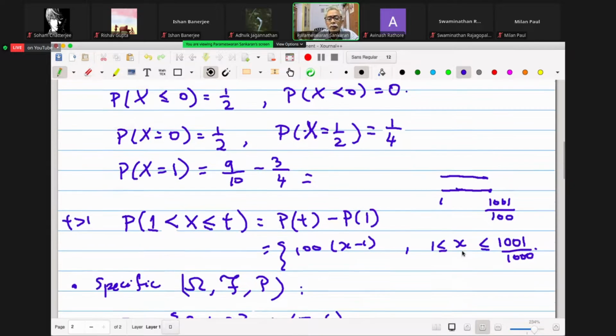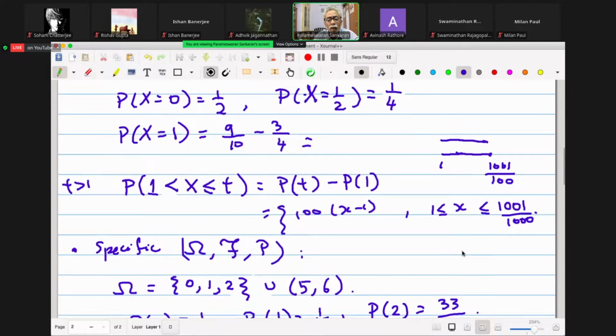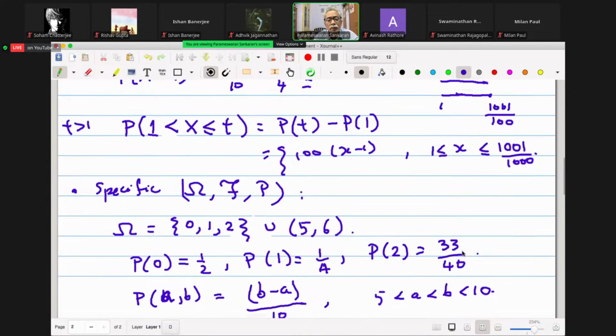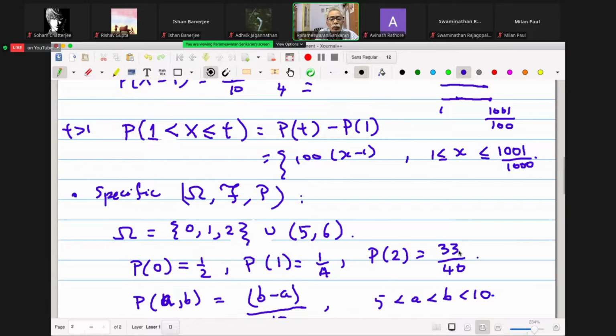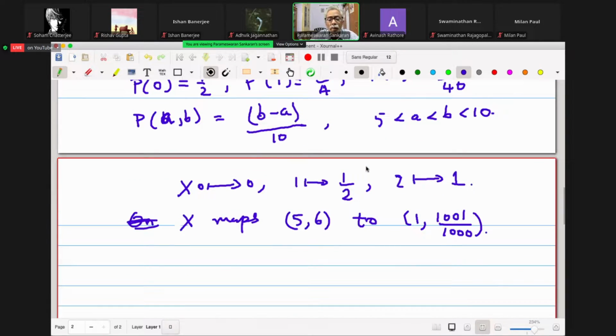I think then this should work, I suppose. Or maybe it is 100 times, I think. Because as X varies between this interval, you have to pick up the whole thing. So I think maybe it is 100 times.